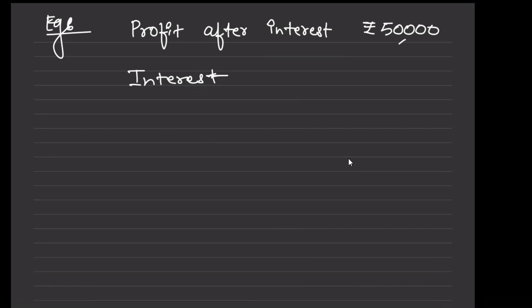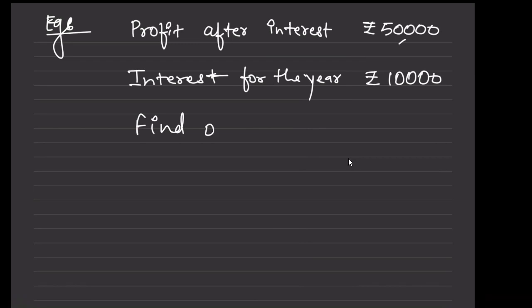Interest for the year is rupees 10,000. Find out the interest coverage ratio. So let us find out the interest coverage ratio and then learn the significance of the interest coverage ratio.